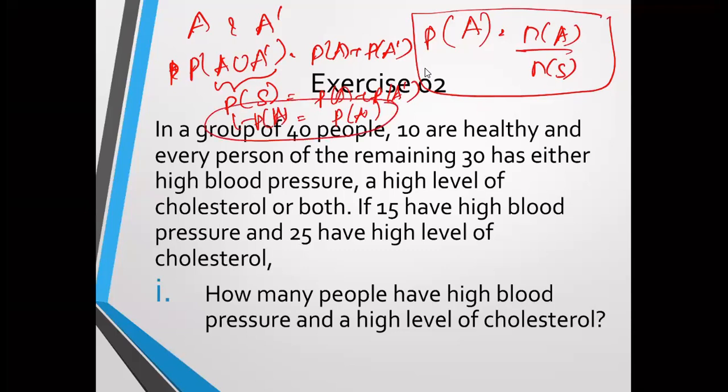Now we have an exercise to do. In a group of 40 people, 10 are healthy and every person of the remaining 30 has either high blood pressure, a high level of cholesterol, or both. You need to understand the question very clearly, so read the question very carefully.